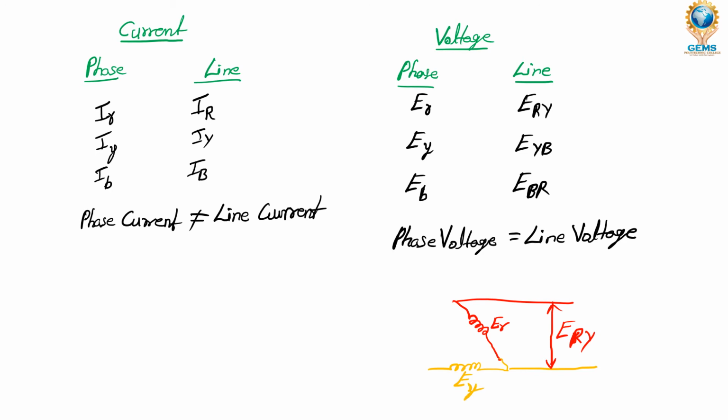Now we are going to derive the relation between phase current and line current. What is the relation between phase current and line currents? Here if you see the current relation, we have this IY dash and IB. I am going to draw the parallel line.